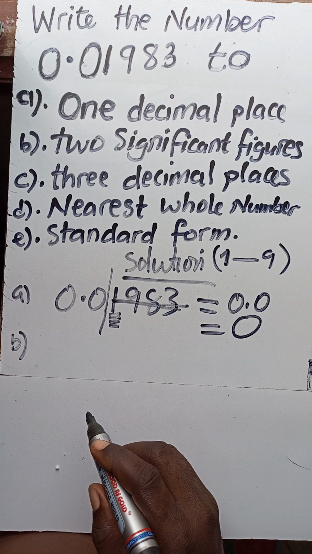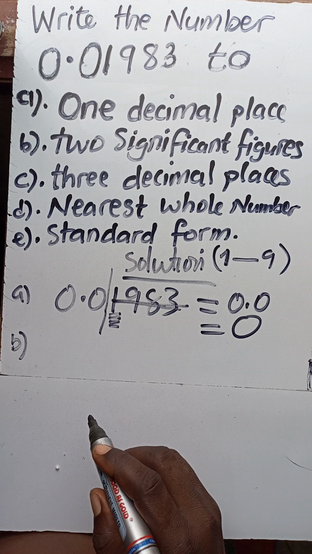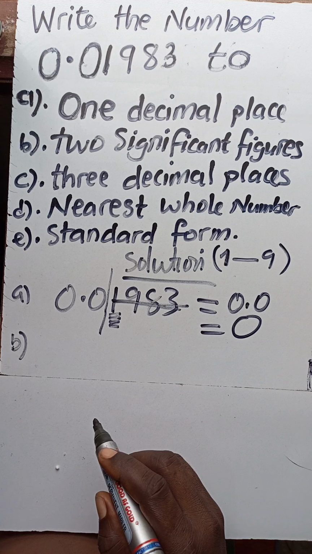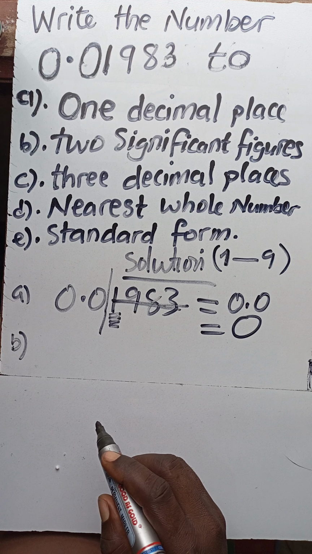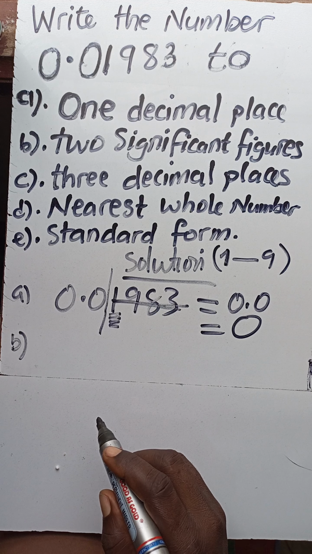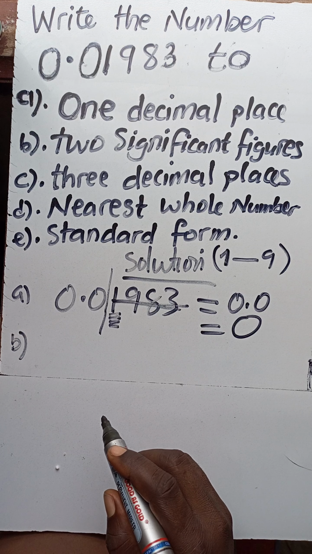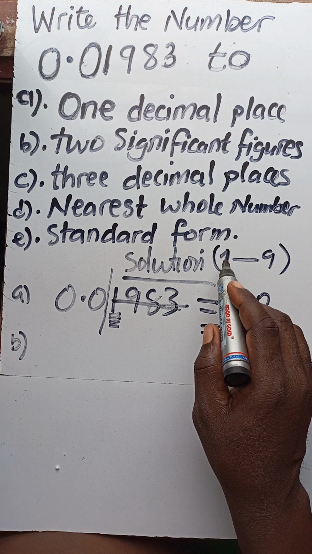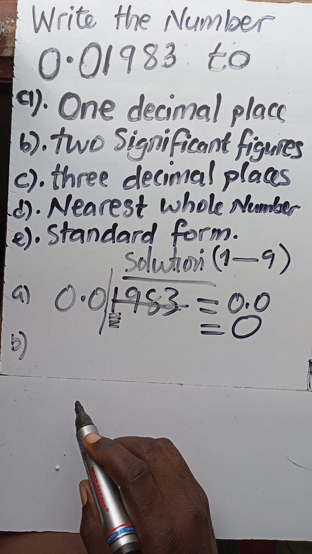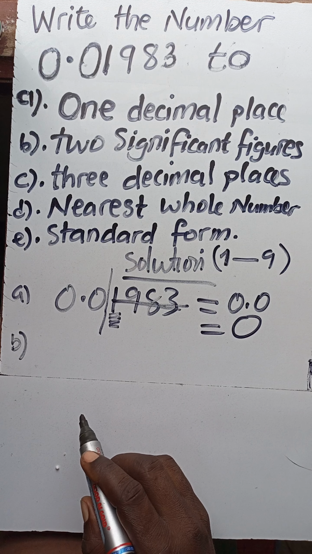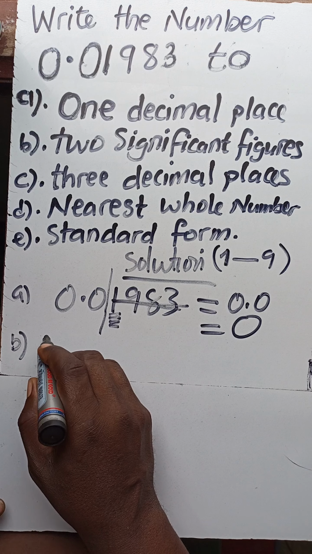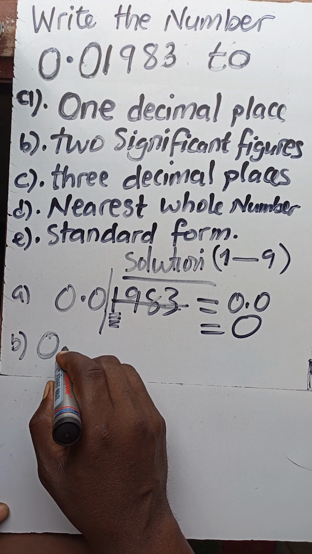When the digit 0 is sandwiched between significant figures, then that digit 0 automatically becomes significant. On the other hand, if the digit 0 is not sandwiched between significant figures 1 to 9, then that digit 0 is not significant.